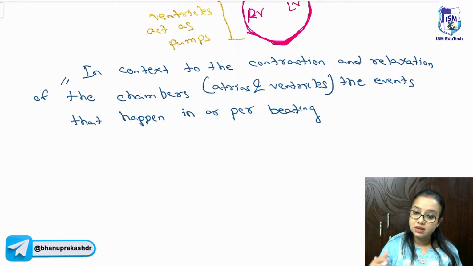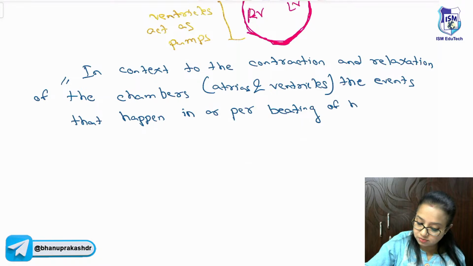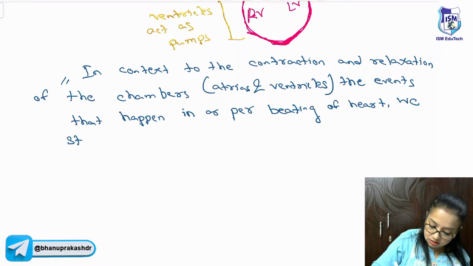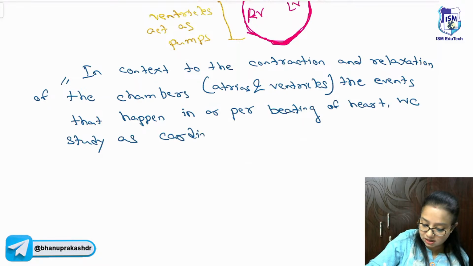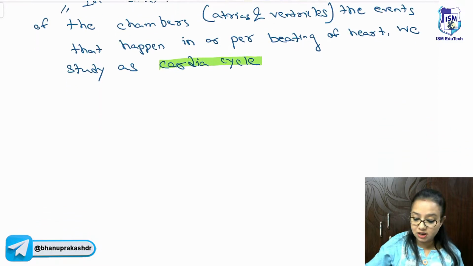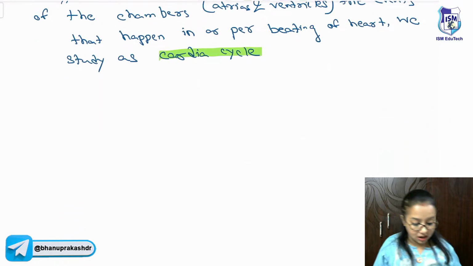So in one beat of the heart, we study as the cardiac cycle. This is our cardiac cycle. So all the events that are happening when the atria and ventricles are pumping are the cardiac cycle.